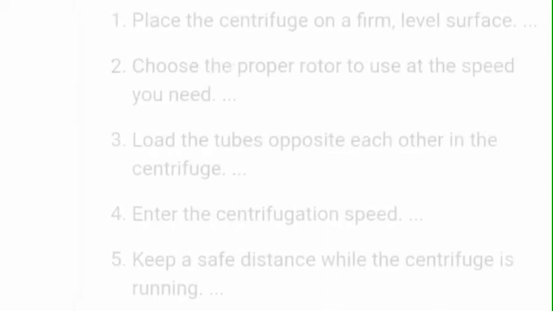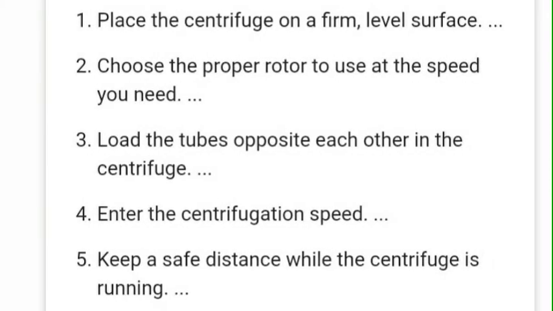First, place the centrifuge on a firm level surface. Second, choose the proper rotor to use at the speed as I need. Third, load the tubes opposite each other in the centrifuge.